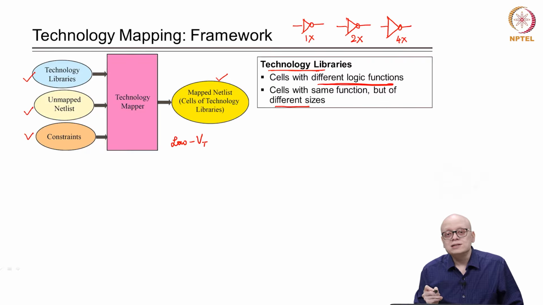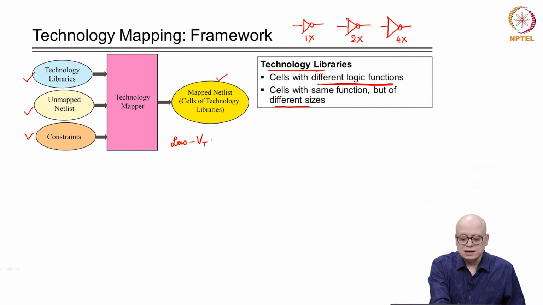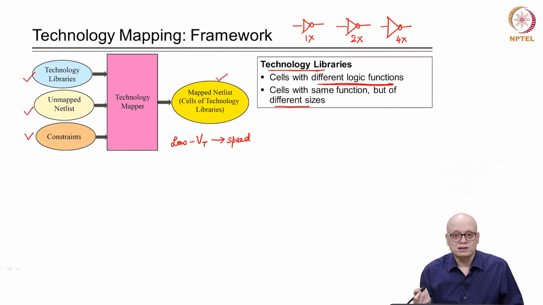The transistor in this case is a low VT, meaning that it works at lower threshold voltage and it turns on much more easily. So, when a cell is implemented using transistors of low threshold voltage, then typically its speed is high, but it also consumes more power.